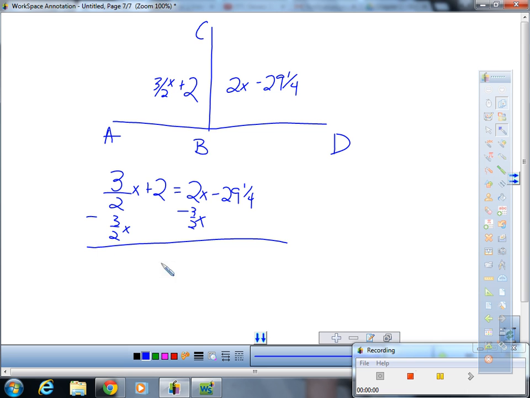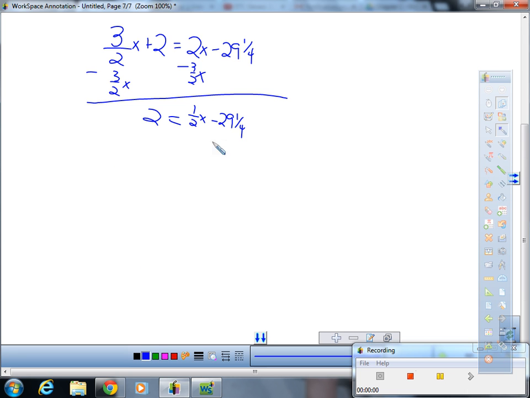I'm left with 2 equals, what's 2 minus 3/2? 1/2 x minus 29 and 1/4. What's my next step? Add 29 and 1/4 to both sides, and you're left with 31 and 1/4 equals 1/2 x.